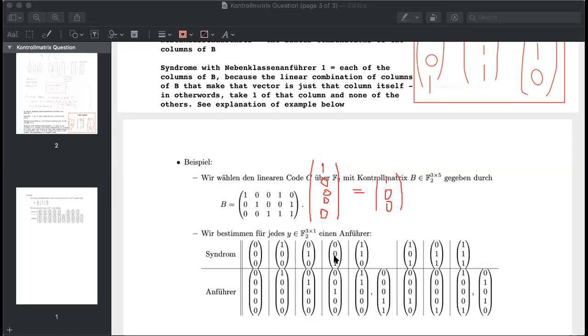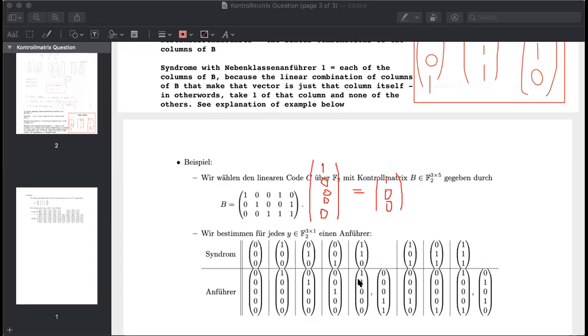And for 0, 0, 1, that's a middle column, so one of the middle column and none of the other guys. To produce the 1, 1, 0, it's a little bit trickier because you don't actually have a 1, 1, 0 in your B. You're going to have to take some linear combinations of the columns. If you take one of the first and one of the second, you'll get a 1, 1, 0 as well.